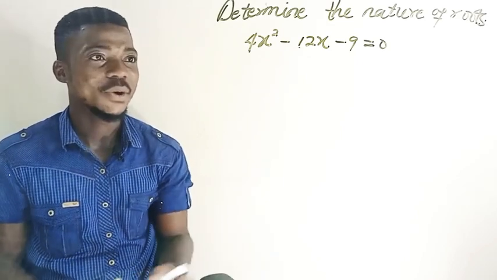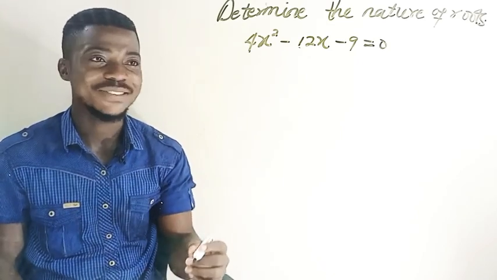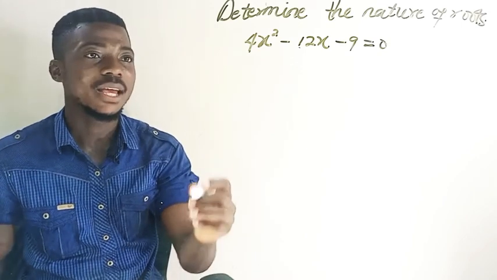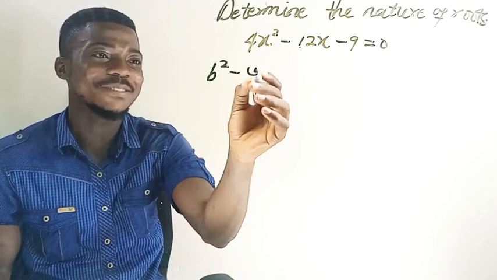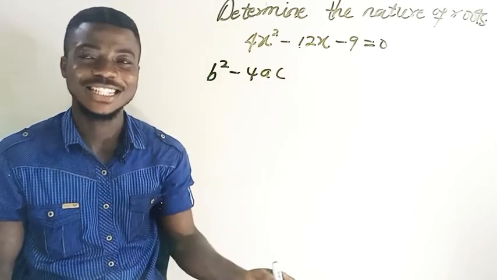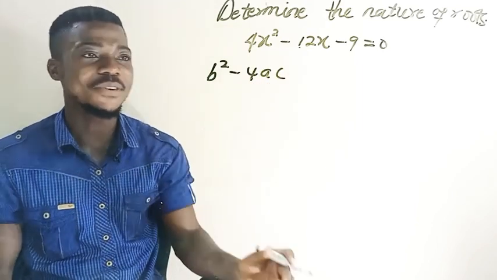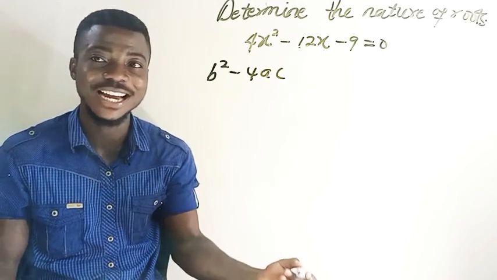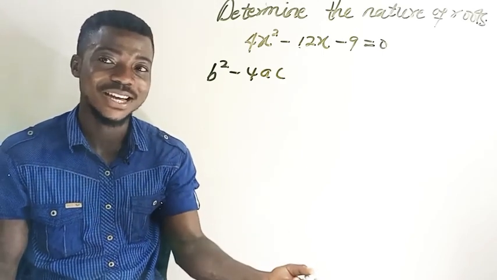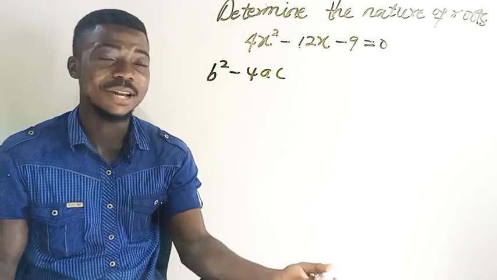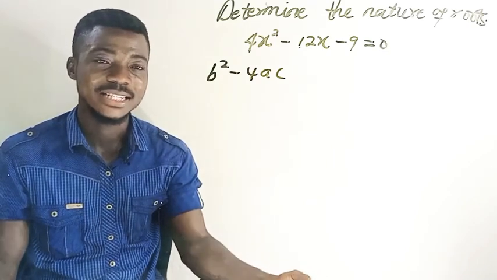All right, this is how you find the discriminant of the equation. You're going to use this rule: b squared minus 4ac. When you get the discriminant, you can automatically determine the nature of the roots.